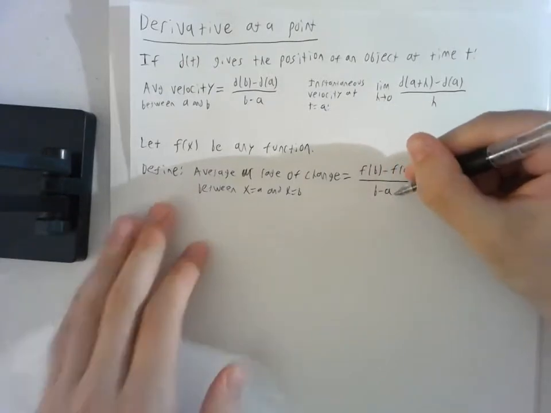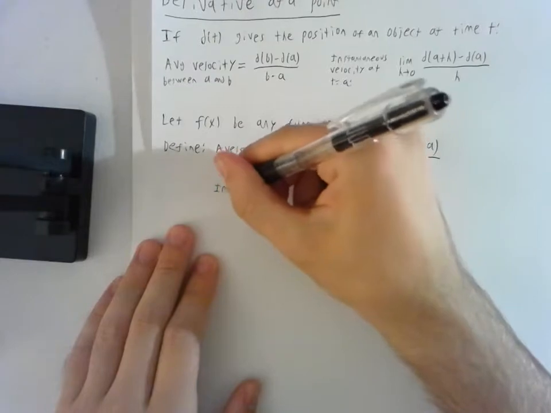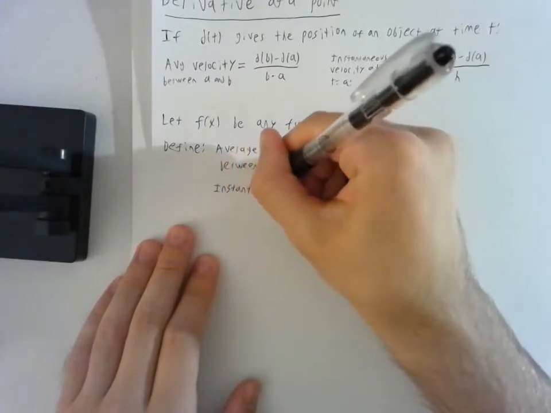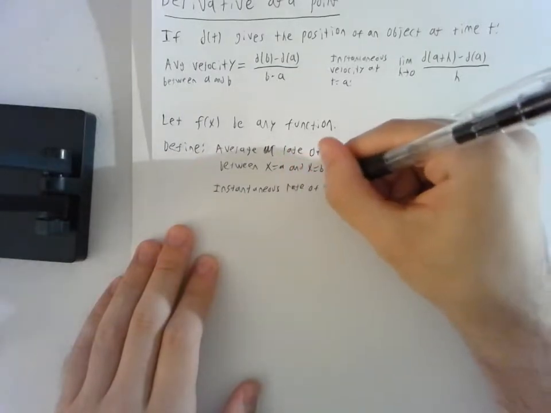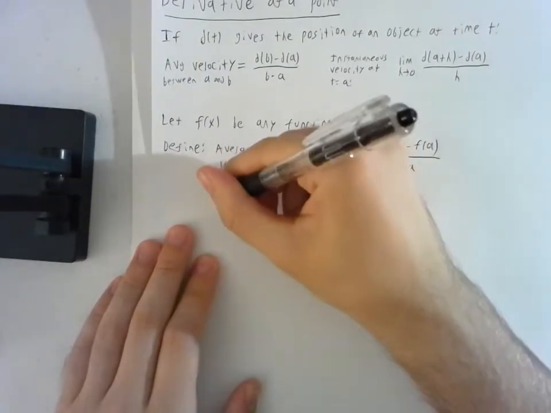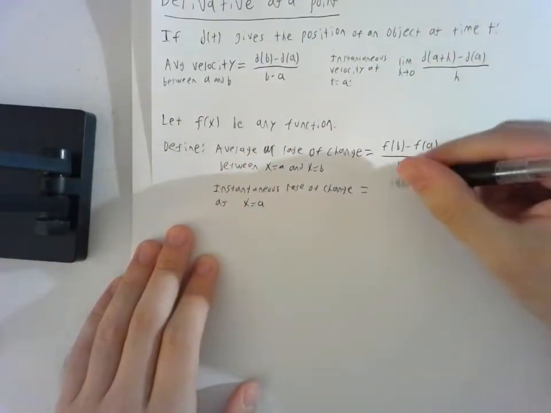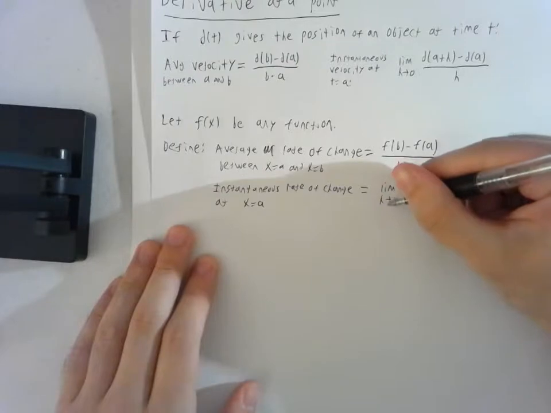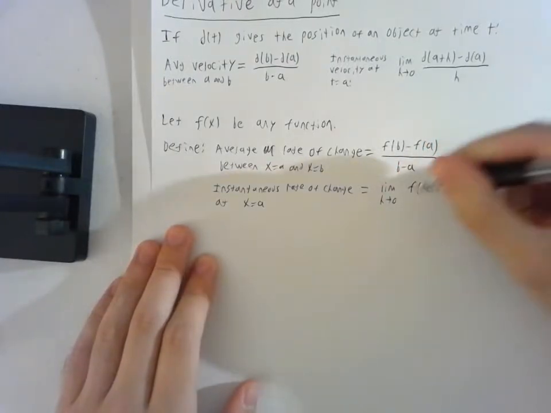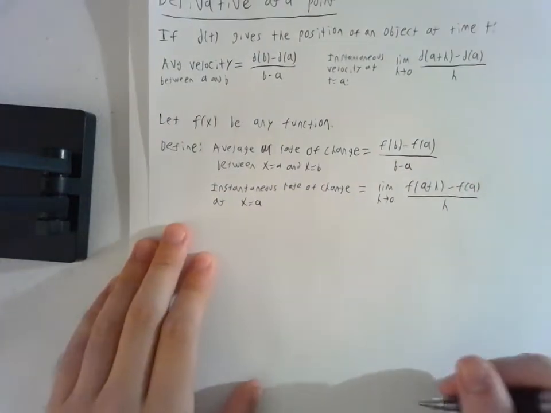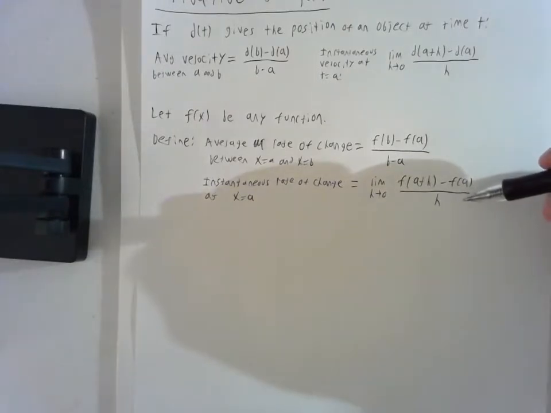And we can also define the instantaneous velocity, or in this case instantaneous rate of change, at x equals a, is equal to the limit as h approaches 0 of f of a plus h minus f of a divided by h. So these things no longer represent a concept of velocity, but they do give us an idea of how quickly the function is changing.